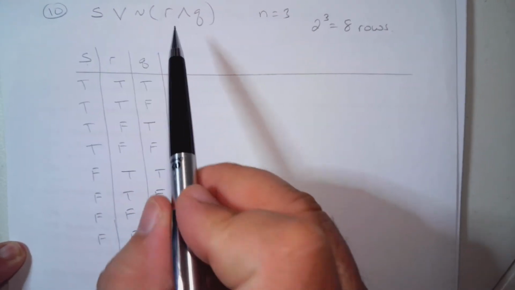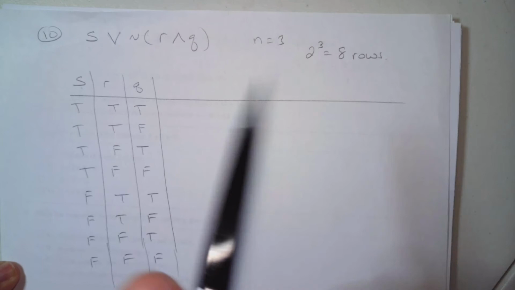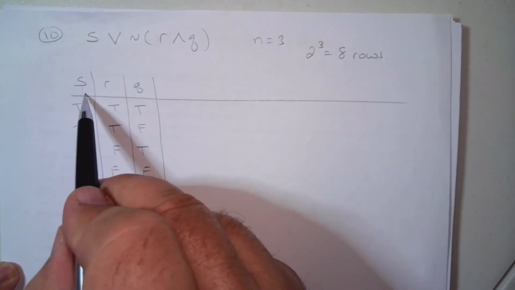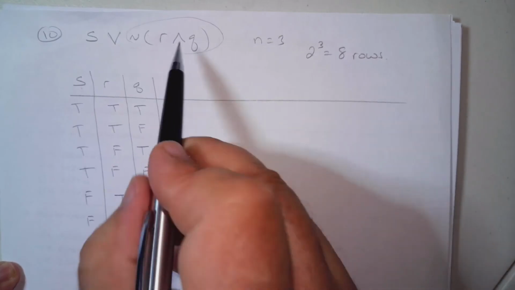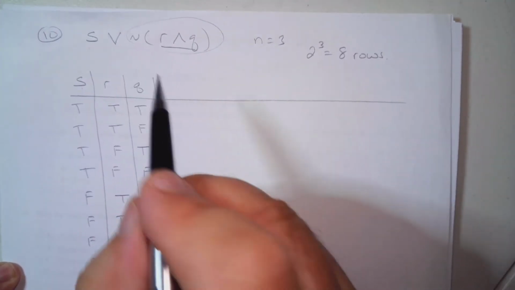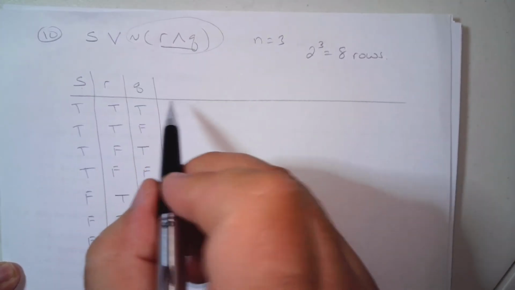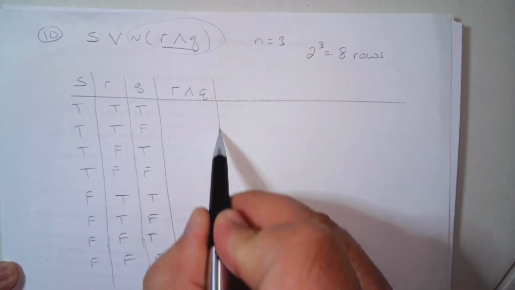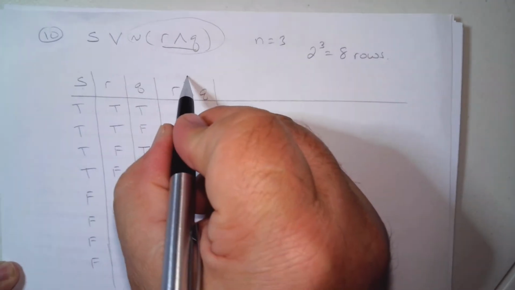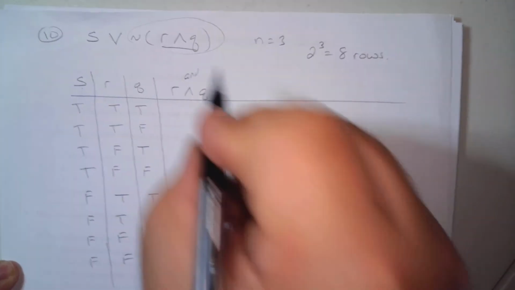So when we read this, think of the order of operations. We have S already, so we can't do anything until we get that answer. So we have to do inside parentheses. We have R and Q. We first have to figure out R and Q. That's AND, because it points up.